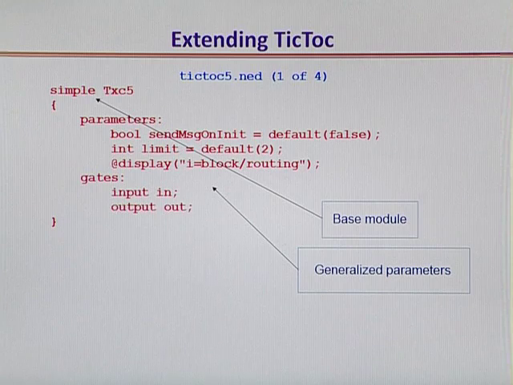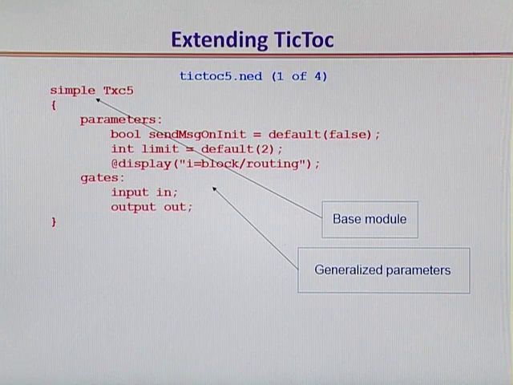We define a Boolean parameter, send message on initialization, and we give it the default value of false. We define an integer parameter. Again, the default value is given to it.